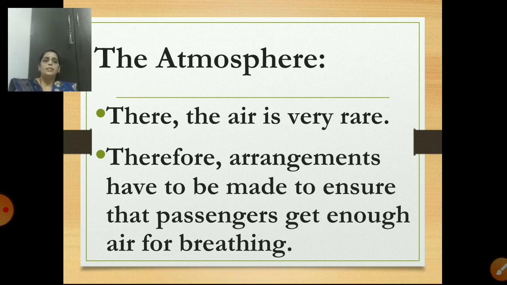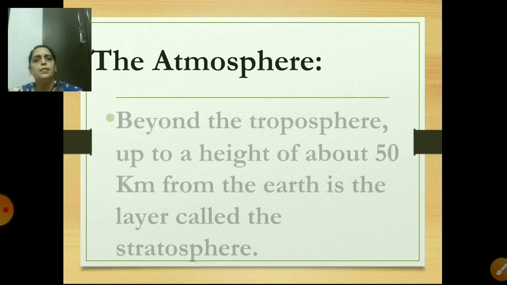Here the air is rare. There can be less oxygen present, which is necessary for breathing. Therefore, passengers in the aeroplanes need some arrangements to ensure that they get enough air for breathing. Is it clear?